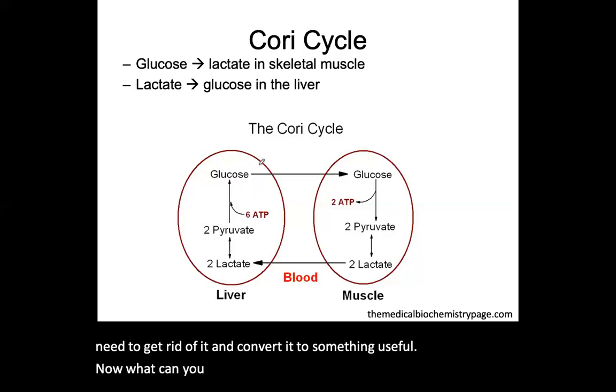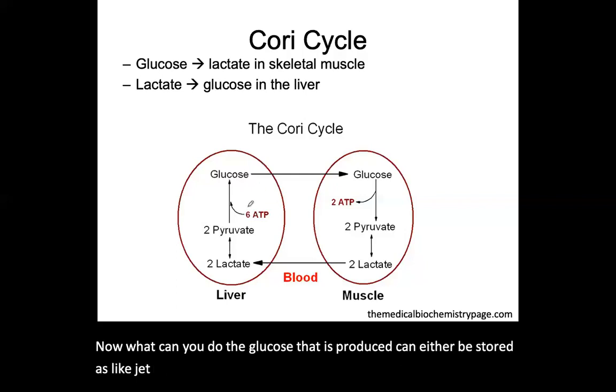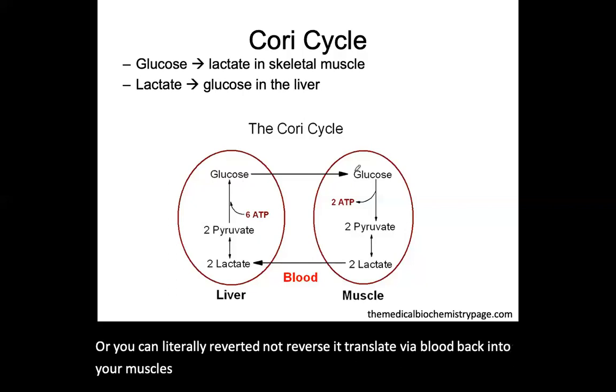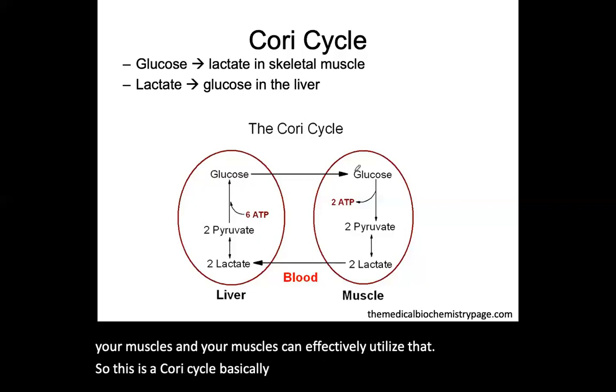The glucose that is produced can either be stored as glycogen, right, the more complex version, or you can literally transfer it via blood back into your muscles, and your muscles can effectively utilize that. So this is a Cori cycle, basically to allow your body to recycle the pyruvate back to glucose.